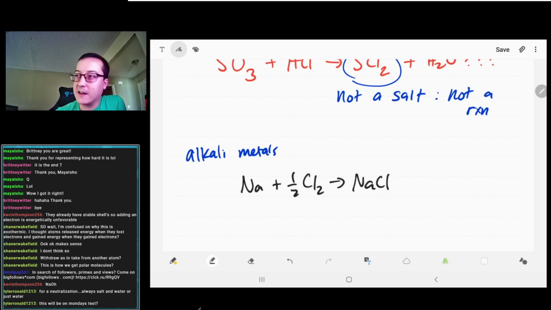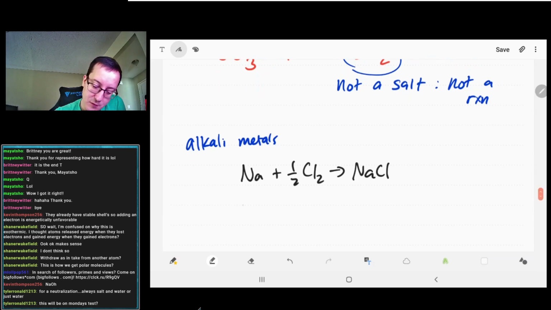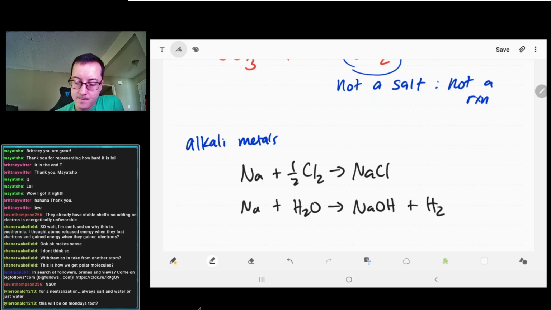They form halides with halogens. They form bases with, I guess I need to, I'm really not balancing anything, am I? Shame on me. Oh well. There.